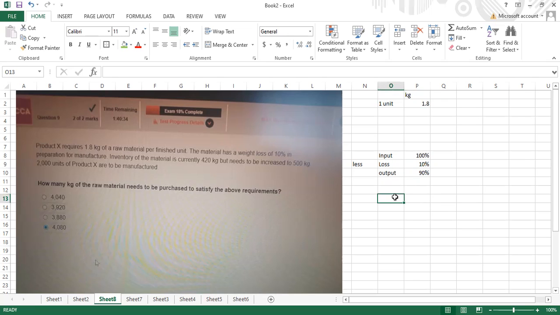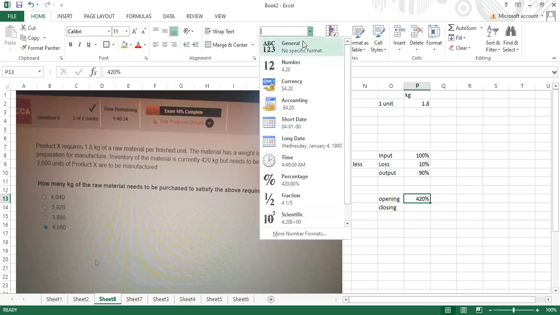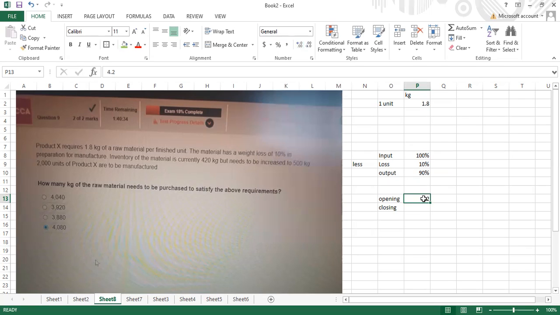It means that our opening inventory is 420, and closing is 500. Let me correct it. 420, 500. So the closing is 500, right?